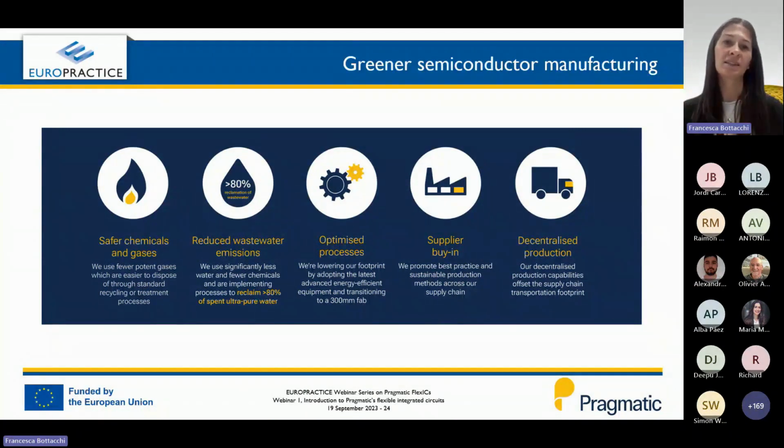We are using fewer gases and chemicals, and also safer gases and chemicals, so they're easier to dispose of and there's no need for special treatment processes. We are using less water, so there's lower water consumption, and the temperatures required are also lower. So in general, the energy requirement is much less, and this, of course, has an effect on the carbon footprint that we produce.